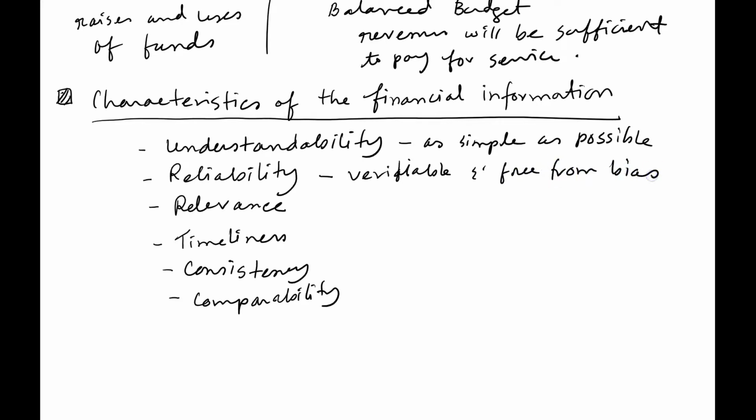The third criterion is relevance. For relevance, the information should have a logical, clear relationship, and it will make a difference to the users.